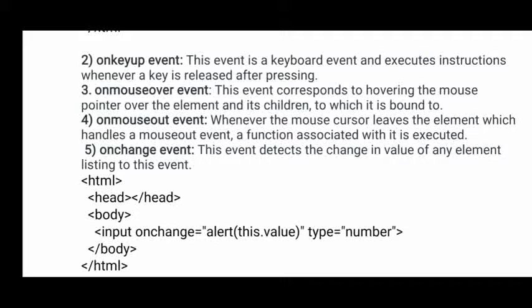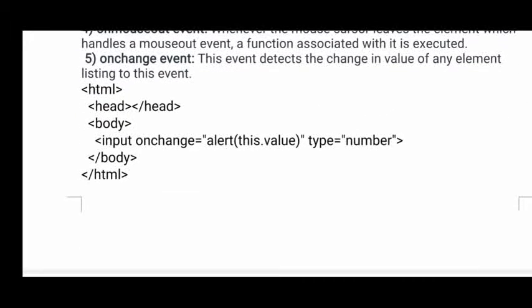That is onmouseout. Next, onchange. This onchange event occurs when you change something on the browser window, like changing the color, changing the case, or deleting anything. Then the event is called. That is called the onchange event.